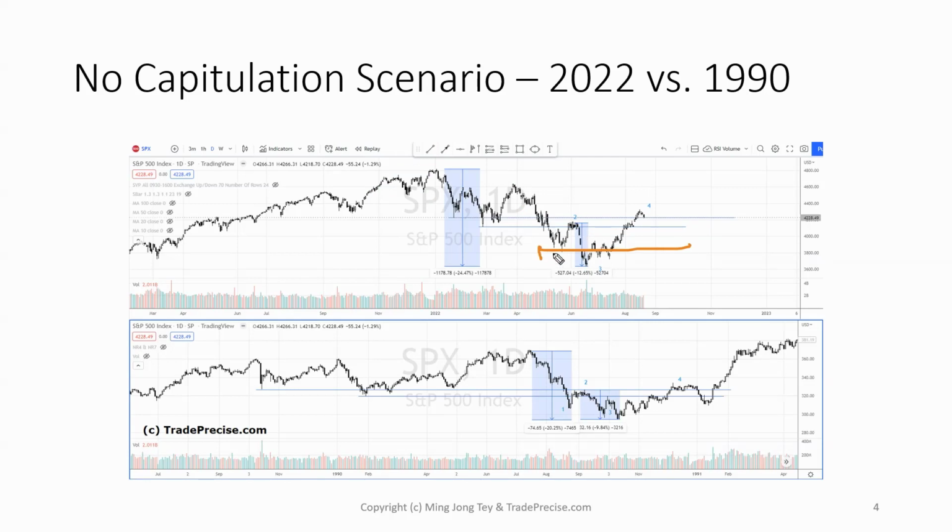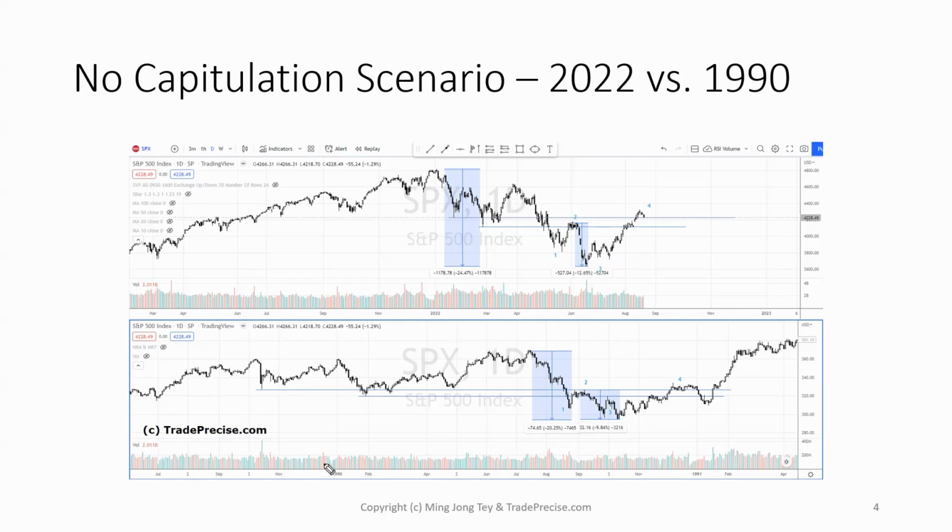There's a sign of weakness, then a backup or the LPSY, the last point of supply, followed by a very scary reaction or sell off. If you look at the spread, the gap is definitely very impulsive. But right after the breakdown, there's no follow through. Instead, there is a test followed by a break back in. So essentially, that is a no capitulation scenario.